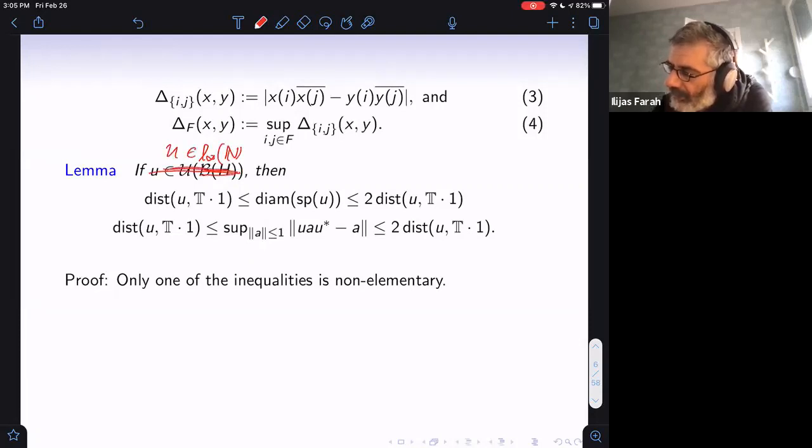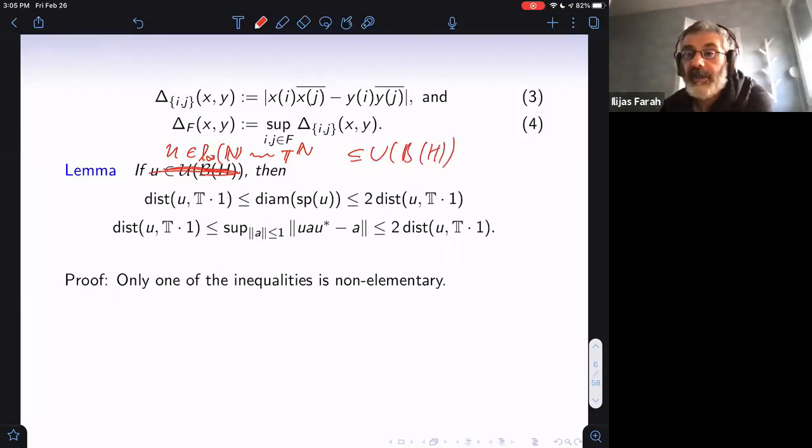So U is in L infinity of N, which is identified with T to the n, right? And it's also identified with a subgroup of the unitary group of B of H, right?